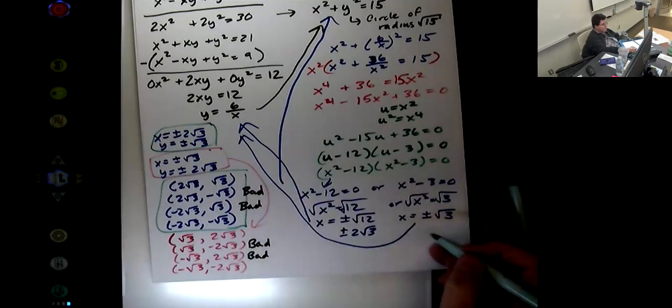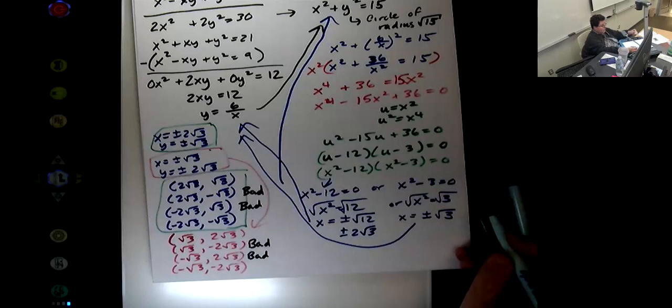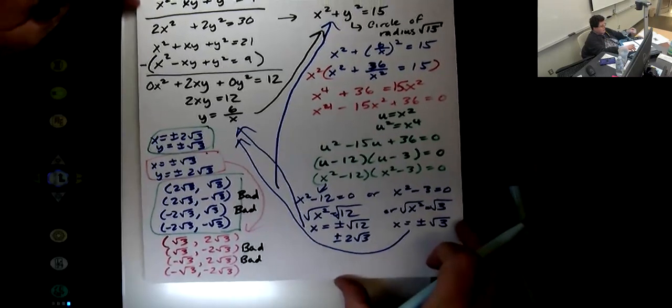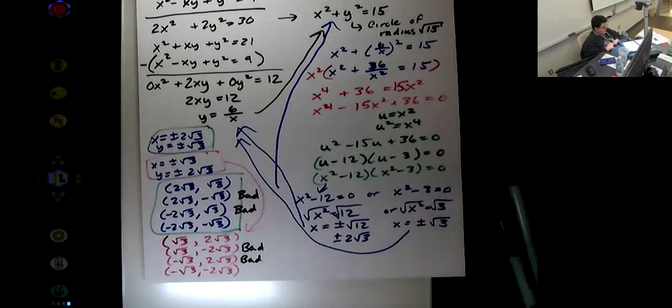Only the ones where the signs match on x and y work in the initial equations. Hey, is that true? Yeah, that's true. So not all of them work.